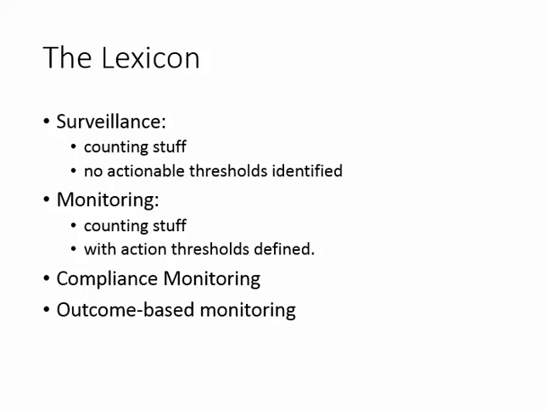You're not committed to doing anything as a consequence of whatever you find. Whereas the people writing about monitoring now are suggesting that monitoring should really be pinned to actionable thresholds. What do you do as a consequence of a response variable crossing some threshold? There should be some actionable criteria in order to call this monitoring.